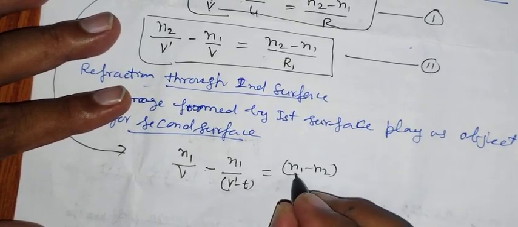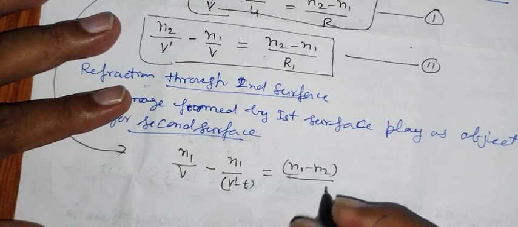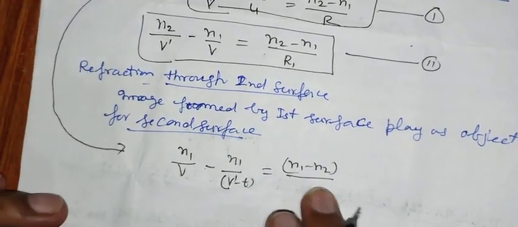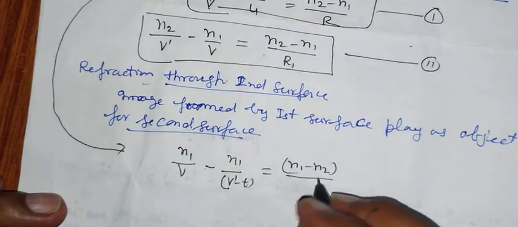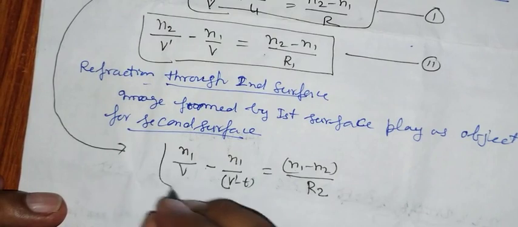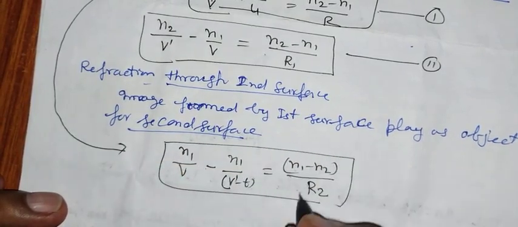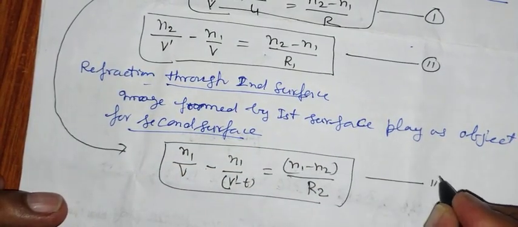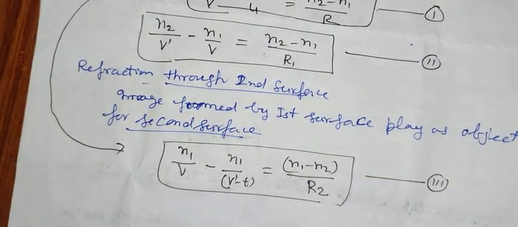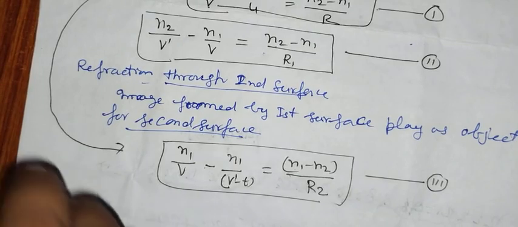In the previous case it was n2 minus n1, because light was traveling from n1 to n2. Now it is n2 from n1, and the radius is the second radius of curvature. That is here. Now one thing has to be taken into account.